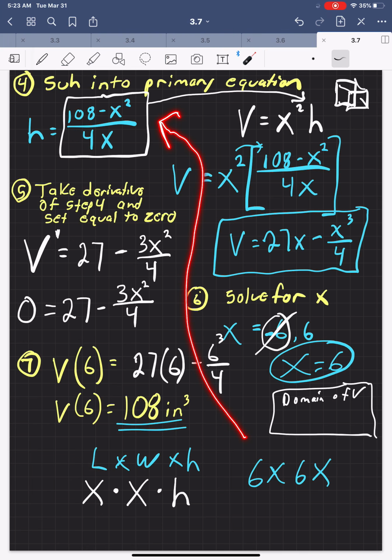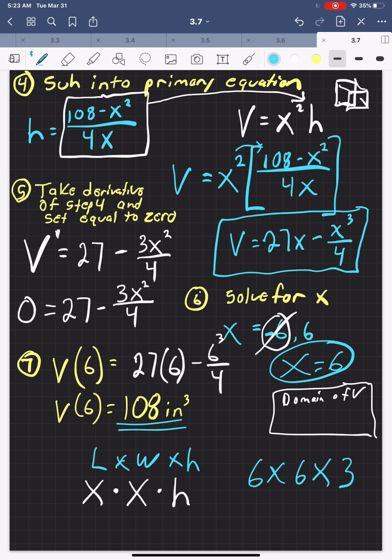See, that's why we want to keep our work nice, neat, linear, and label things. Because now, look, I have this h height formula staring at me. If I plug 6 in for x, it will give me the height. And what is it? That's a 6 by 6 by 3.